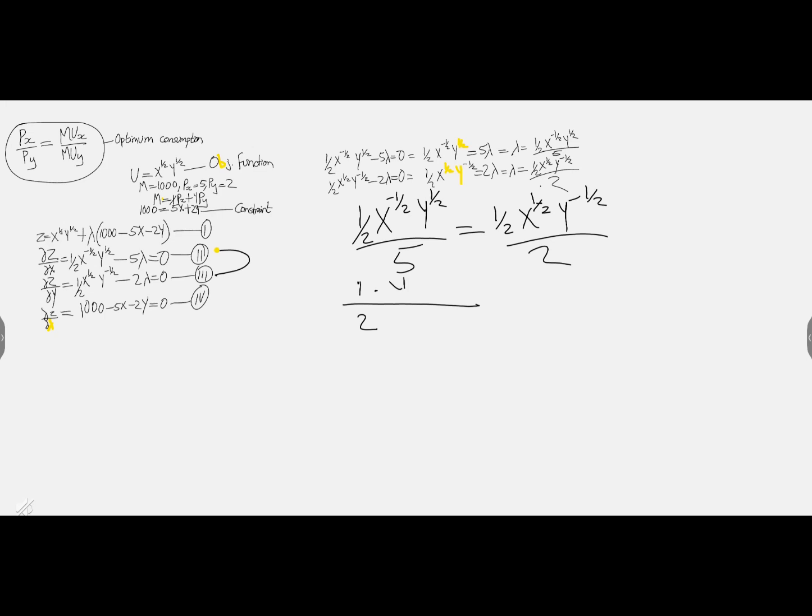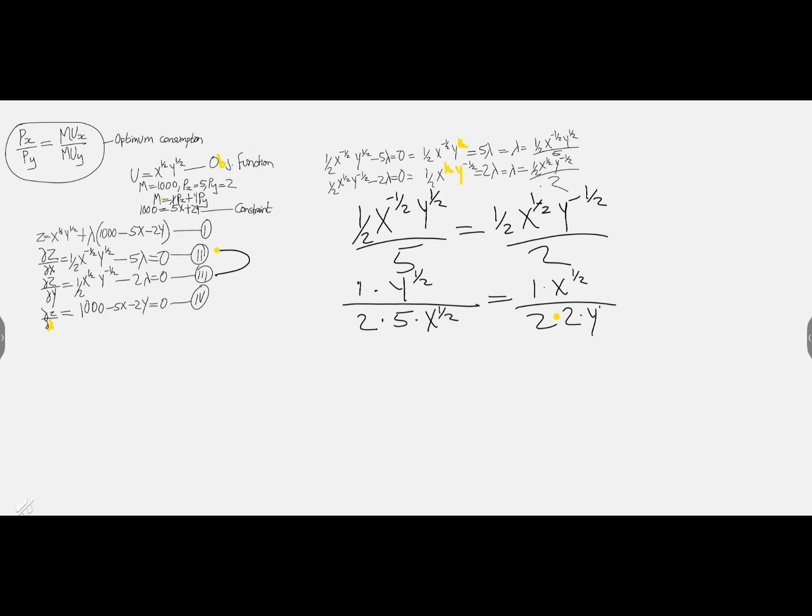What I explained before, that if you have raised to power minus something, you bring it to the bottom. So times this 5 here, we won't neglect that 5 times x raised to power half. Do the same thing here: 1 over 2 times x raised to power half times 2 times y raised to power half.